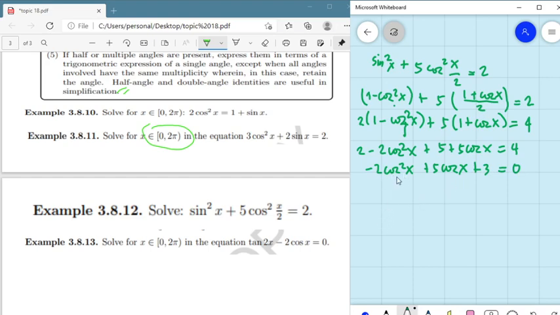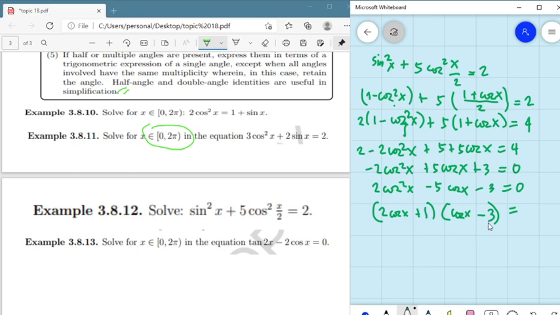Then making the first term positive, the squared term becomes positive. So 2 cosine squared x minus 5 cosine x minus 3 equals 0. So factoring, this is 2 cosine x, and this is cosine x, minus 3 plus 1.